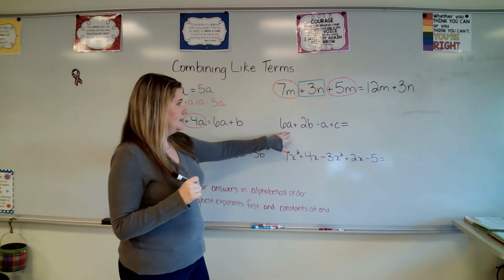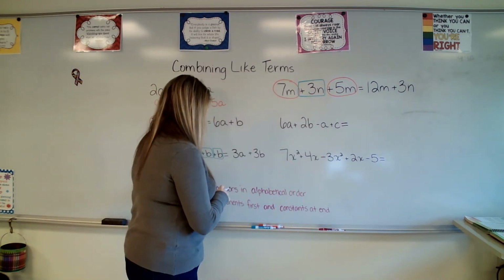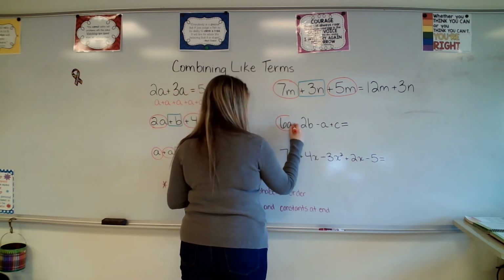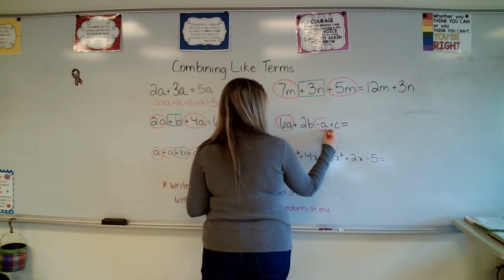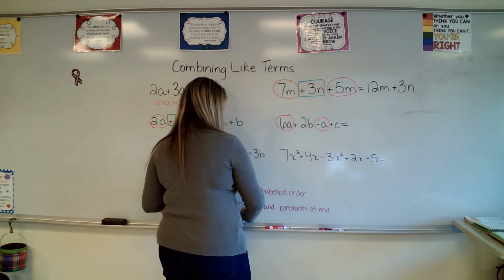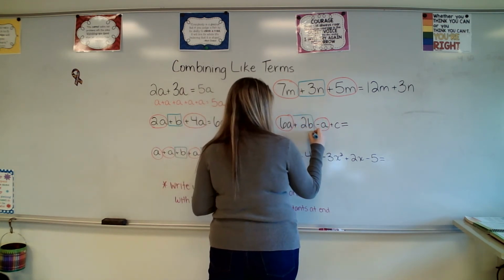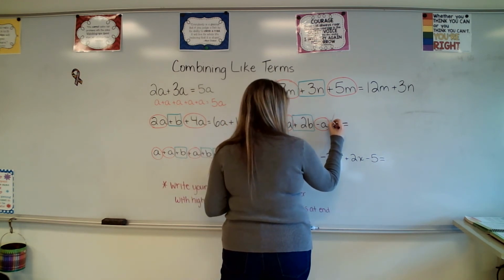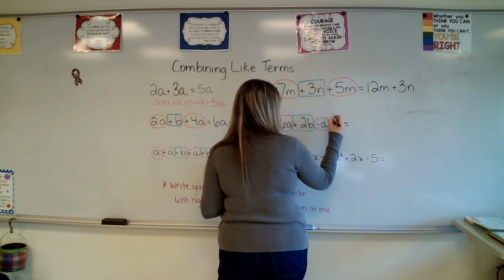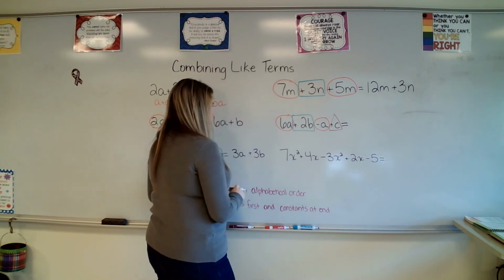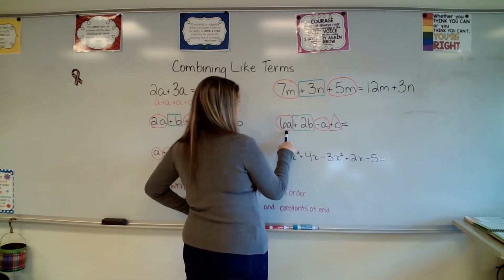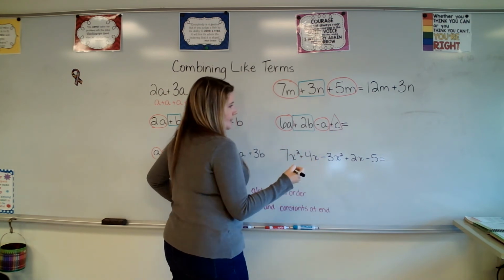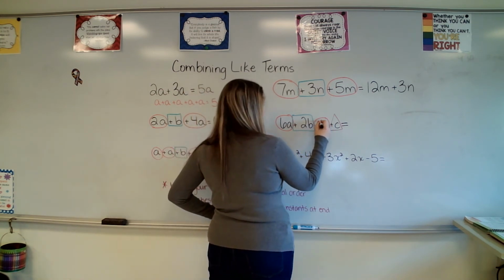On this next one, I'm dealing with 3 different terms. I have a's, I have b's, and I have c's. I use triangles as my third shape, but it really doesn't matter, whatever you want to use. So I have 6a minus a, and if there's no number in front of the variable, it means it's 1.